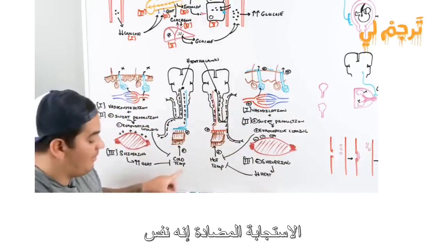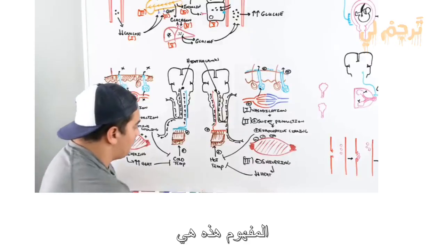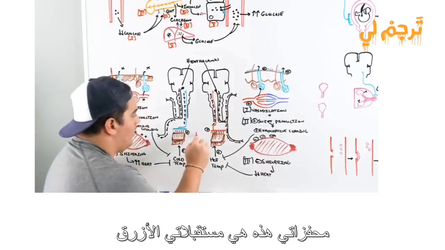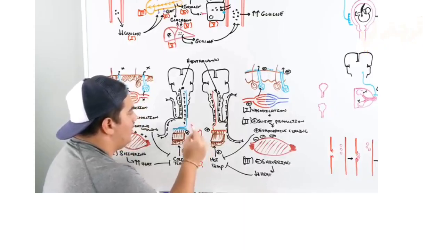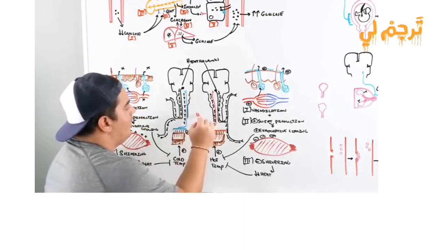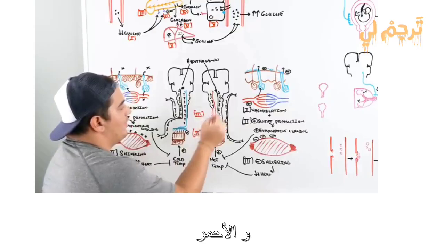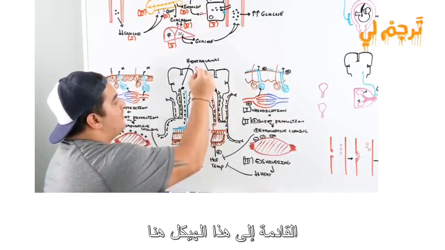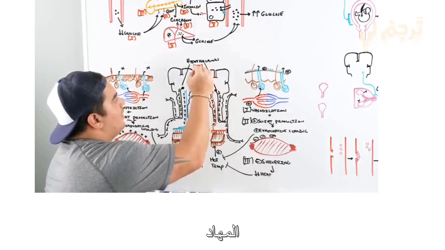It's the same concept. These are my stimulus. These are my receptors. The blue and red are the afferent signals, the signals coming up to this structure here, the hypothalamus, which is my control center.